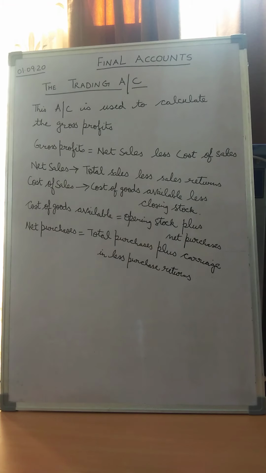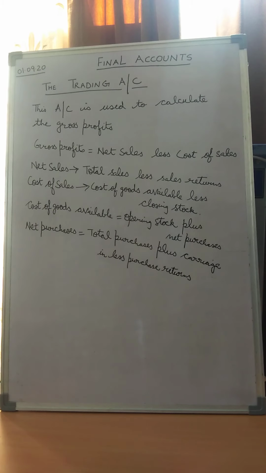Whereas, children, the balance sheet is prepared to know the financial position of the business at the end of the accounting period. All these together, that is trading account, profit and loss account and balance sheet, collectively are known as final accounts because they are prepared at the end of the accounting period.